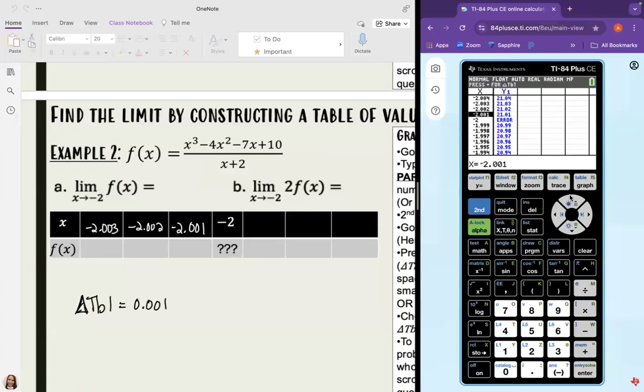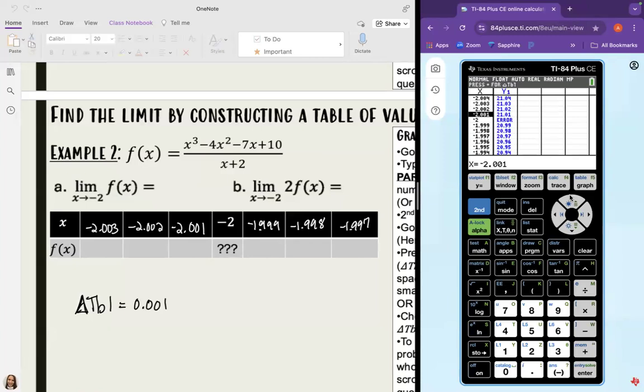And then on the right side, we have -1.999, -1.998, and -1.997. You could also make this a little bit more diverse by changing your delta table. Like you could do 1.9, 1.99, 1.999. So that's another way you can do it, but I just think it's quicker this way.